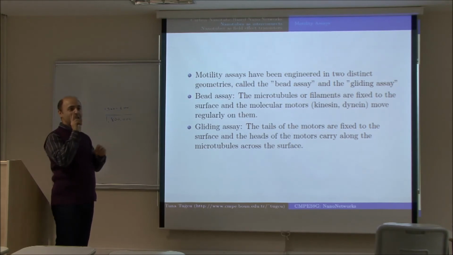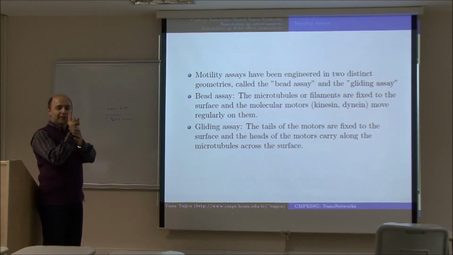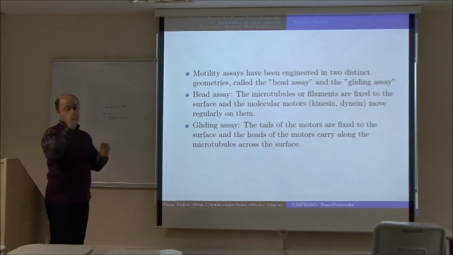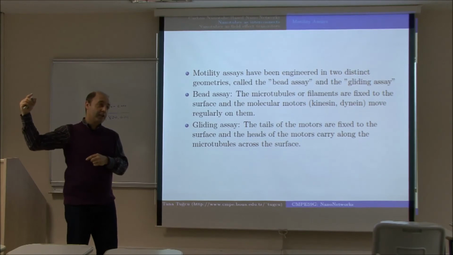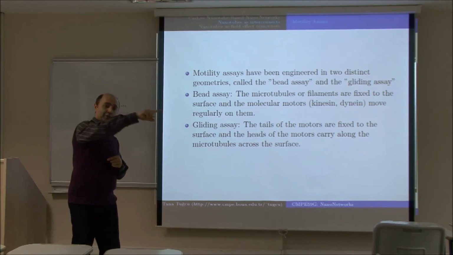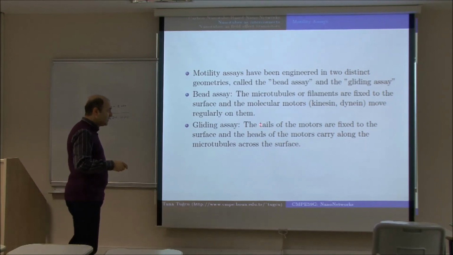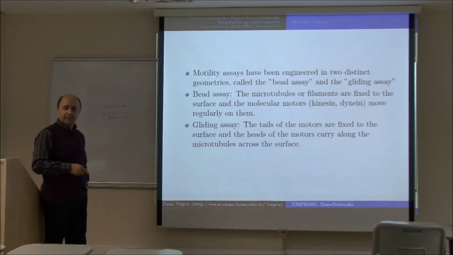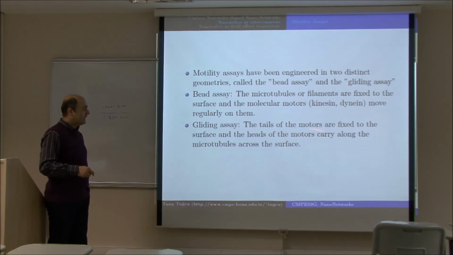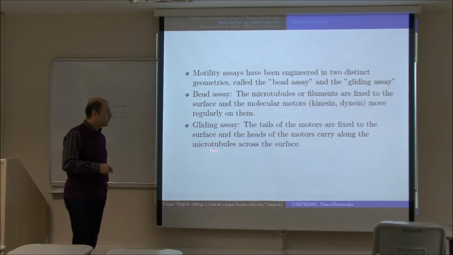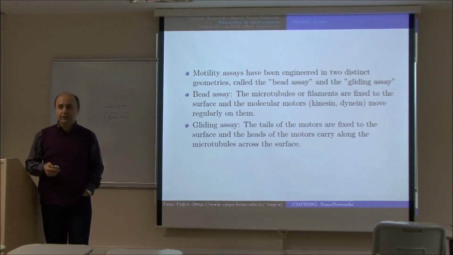So when they try to move, since they're fixed from the neck or from the tail, while trying to go this way, they're actually pushing the microtubule or the filament this way. So therefore, this time we have fixed tails for the motors, and the heads of the motors are now carrying the microtubules across the surface.